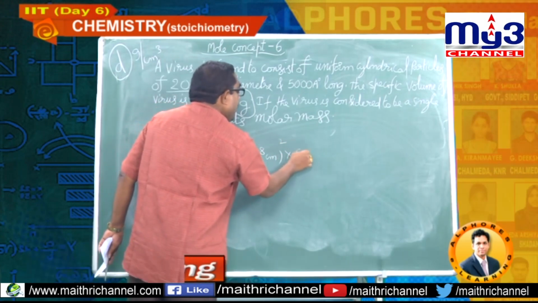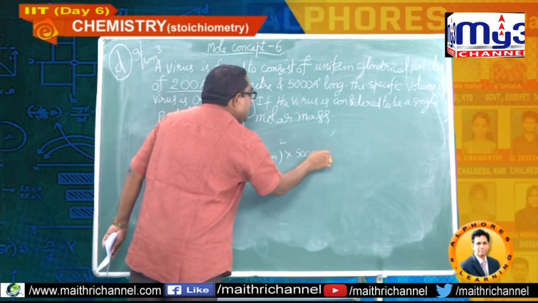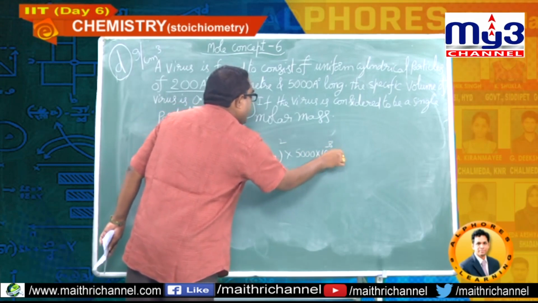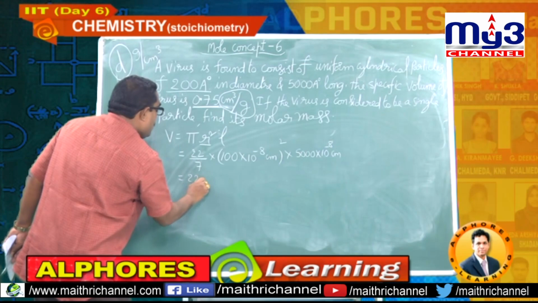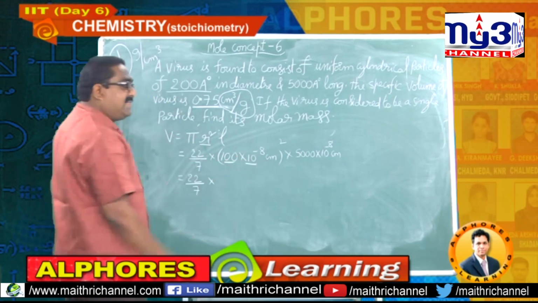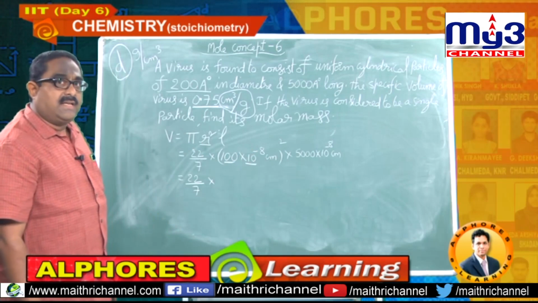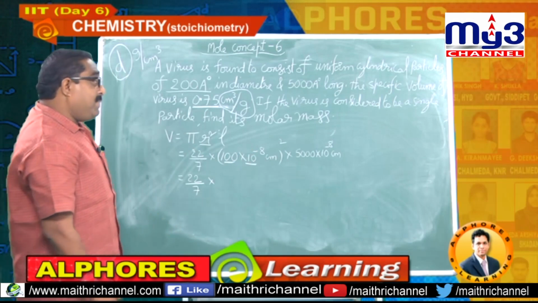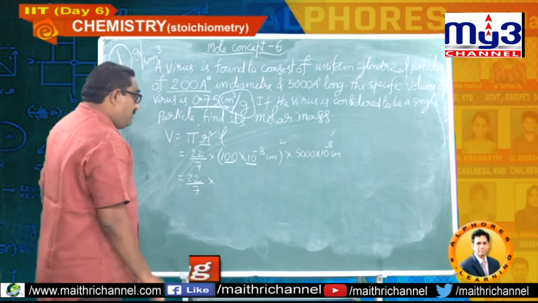Length 5000, again angstrom means 10 power minus 8 centimeter. Let me calculate. 22/7, write down, students. 100 into 10 power minus 8 is 10 power minus 6. Whole square, 10 power minus 12.